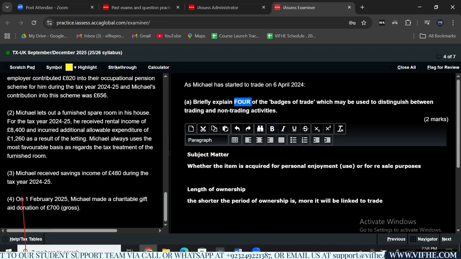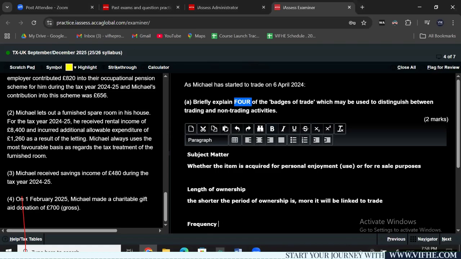Then there are four more badges of trade. If someone could come up with any badge of trade, do you remember any of the badges of trade? The frequency of transaction.